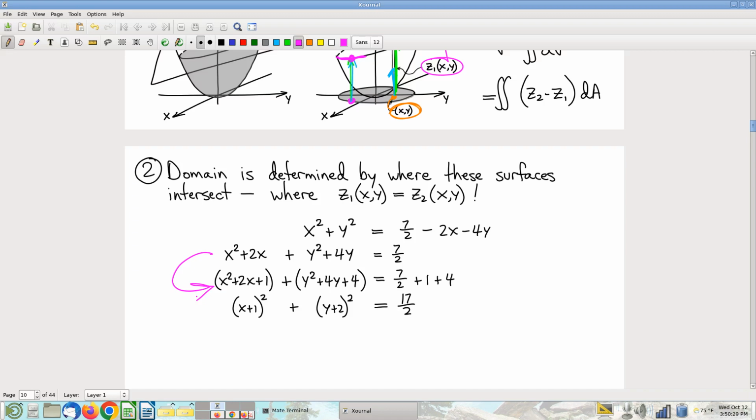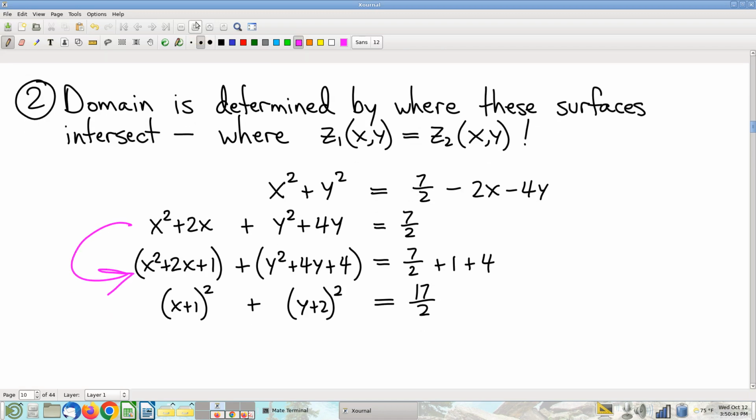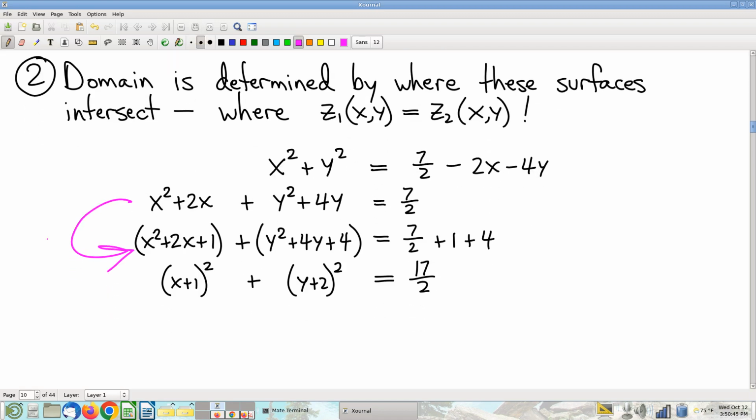Well, that's not true. If what you're trying to do is solve a quadratic equation, then yes, but there are many other things, such as this, where you need to complete the square for other reasons. So if you're a little bit shaky or rusty on completing the square, make sure you're good with that. Come to office hours, I'll be happy to show you how to think about that. And then notice the equation happily turns into the equation of a circle. And we've got our domain.